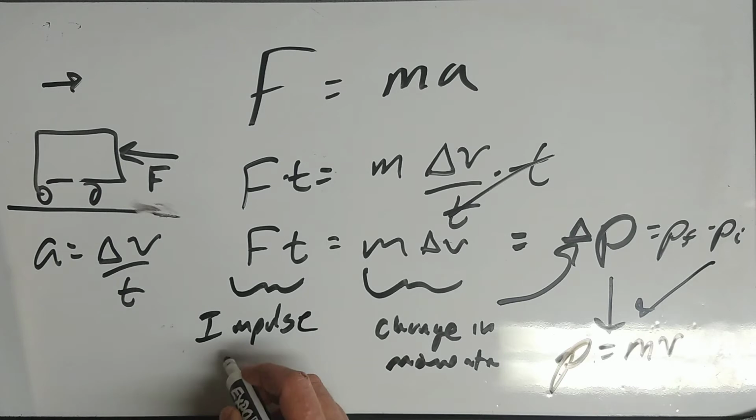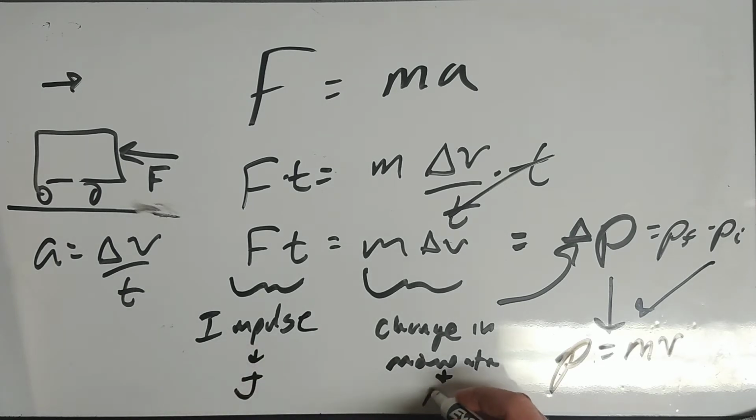Impulse, we give a symbol to, which unfortunately is J, and delta P for change in momentum, lowercase p. J is not a wonderful variable because it's the same variable that we use to represent the unit of joules, right? So that's always kind of annoying.